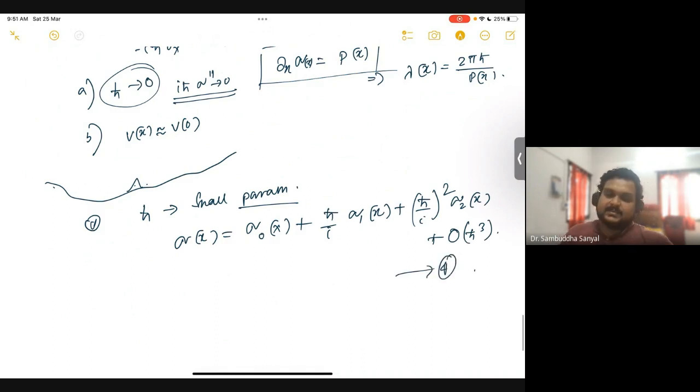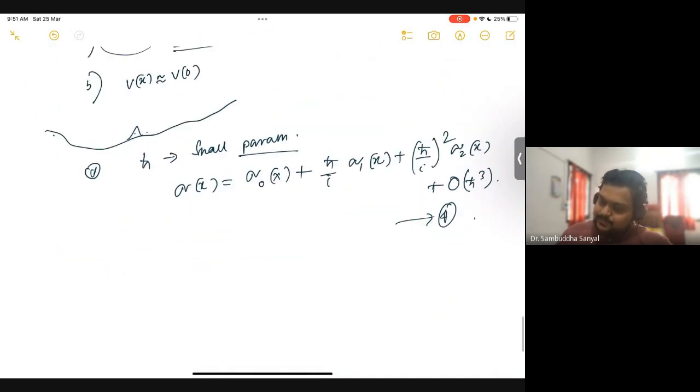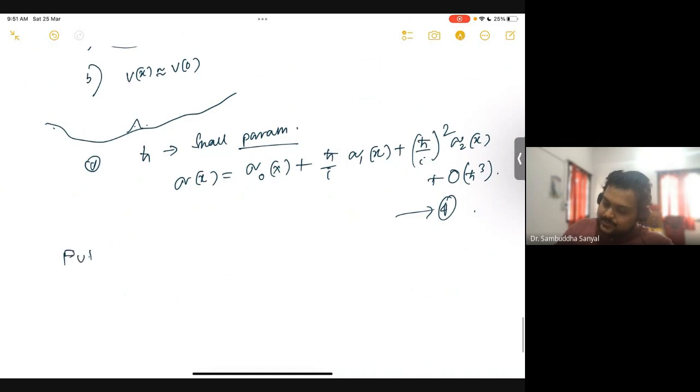This is my solution. Now let's put 4 into 3. This is a much more systematic way to do this.